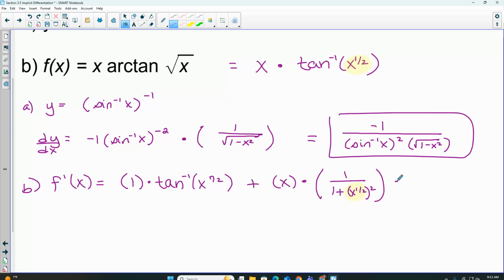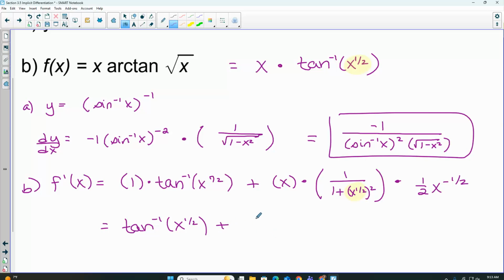Now, since my angle wasn't just x, we have to do the chain rule here. So times derivative of the inside. What is the derivative of x to the 1/2? So then if we clean that up, we have tangent inverse of x to the 1/2, or if you want to write it as the square root of x, that's fine.